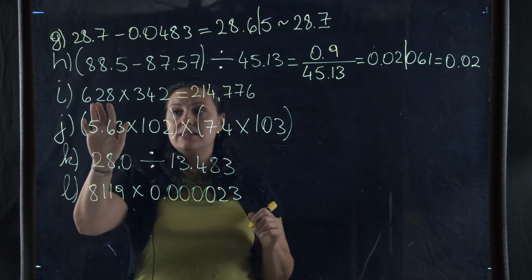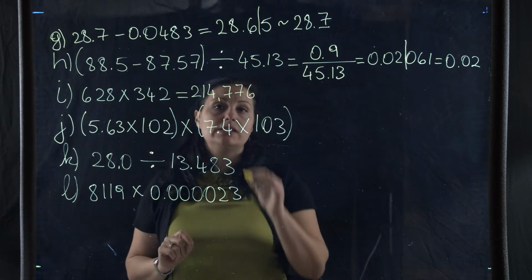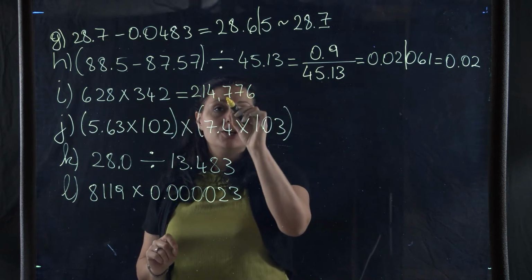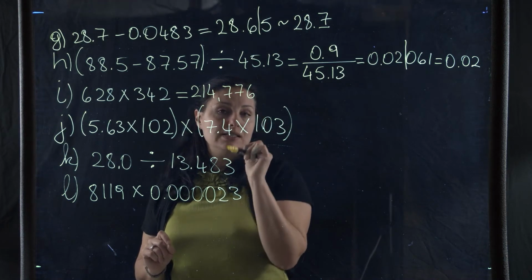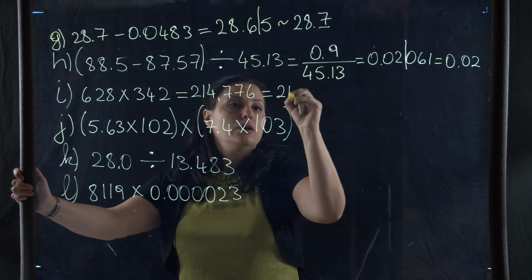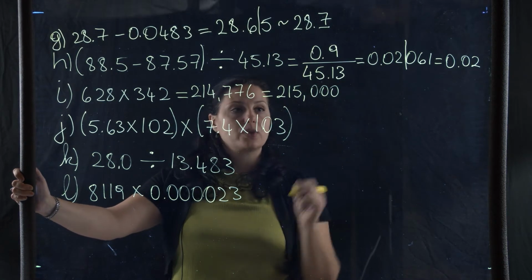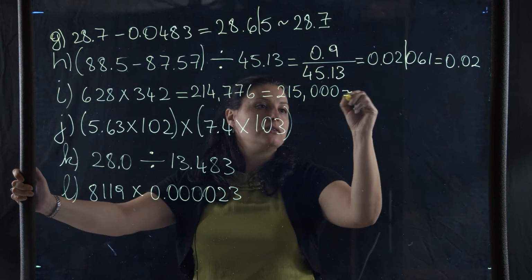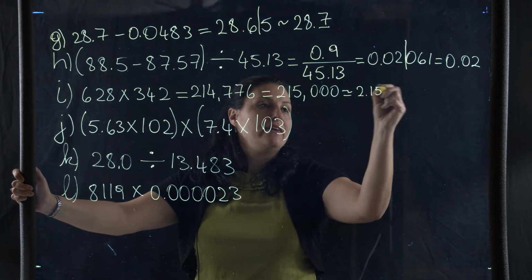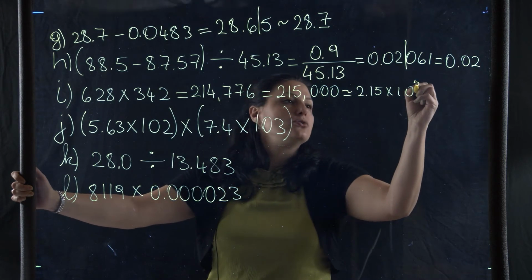However, because there's 3 significant digits for each, my answer can only have 3 significant digits. So these have to become zeros. And because this is a 7, this will become a 5. So the number will then be 215,000. Or I can also write it as 2.15 times 10 to the 5th power.